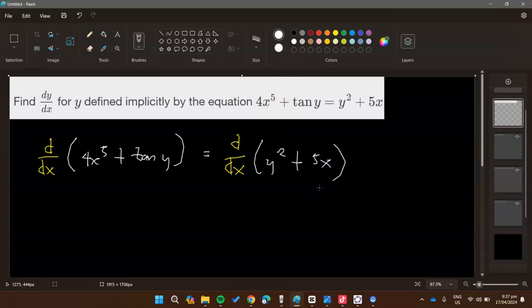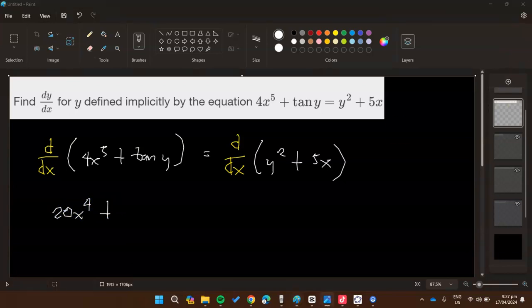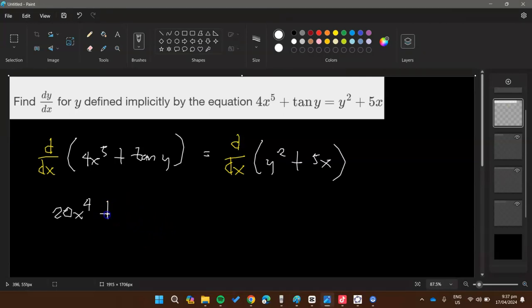And again, we are going to take the derivative. What is the derivative of 4x to the 5th power? That is just 5 times 4 is 20. So we have 20x to the 4th plus, what is the derivative of tangent? Again, the derivative of tangent is just secant squared. So we will write plus secant squared y.